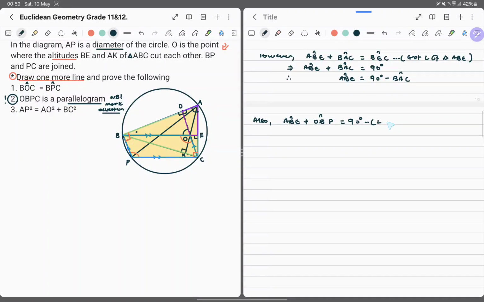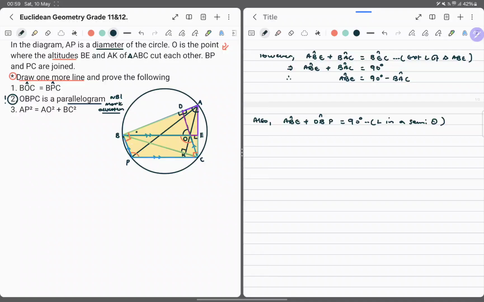Why? Angle in a semicircle with AP as the diameter, right? Or we can say opposite angles of a cyclic quad, with this being 90. From 180 we take 90, we remain with 90 for the other one. So there's many ways we can do this.